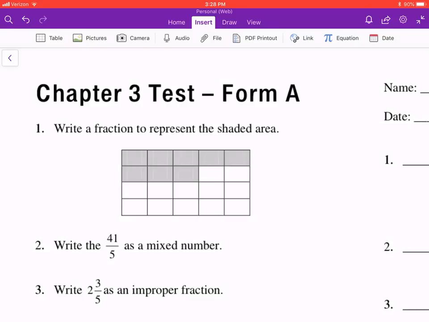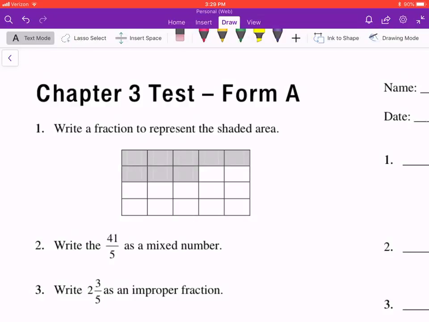So let's get started. We have the first question here, and it says write a fraction to represent the shaded area. We want to first count the total number of squares, or rectangles I should say. We have 1, 2, 3, 4, 5, 6, 7, 8, 9, 10, 11, 12, 13, 14, 15, 16, 17, 18, 19, 20.